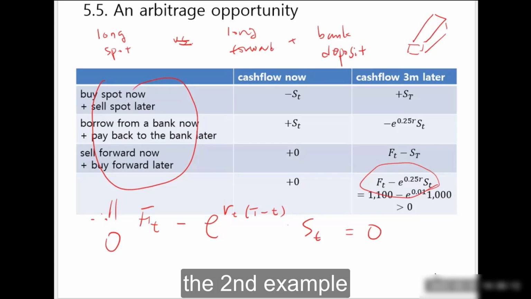But anyway, why would anyone want to borrow? If you borrow a gold bar, then you have to pay.